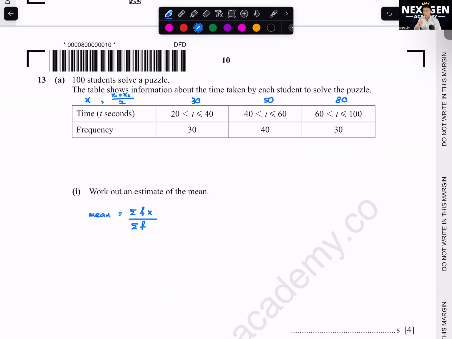Please don't skip the working. I want you all to write down all the working. You see, they give you 4 marks, right? They're so generous to you all. You should also be generous with your working.